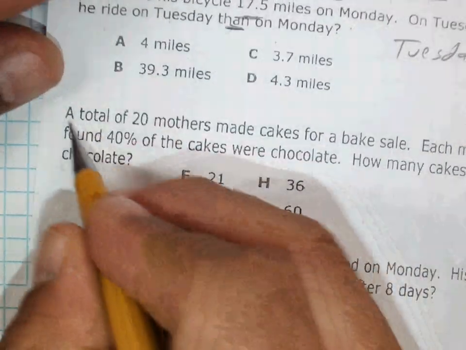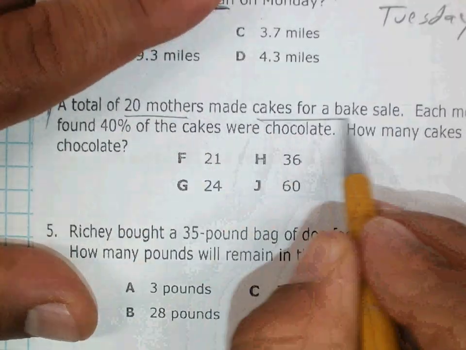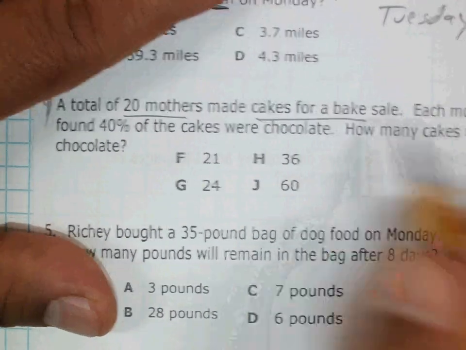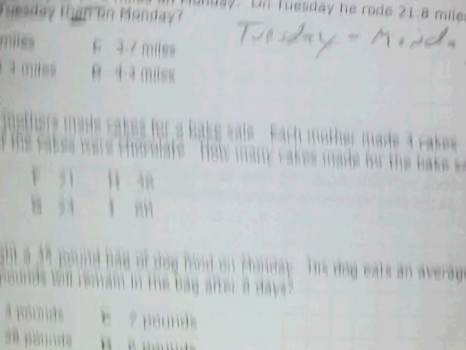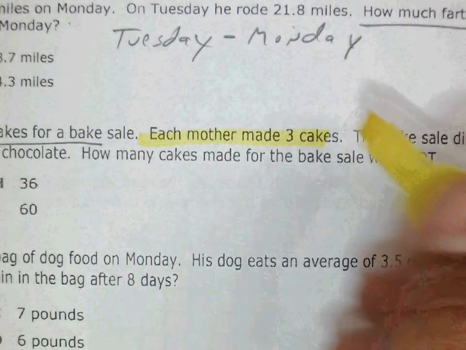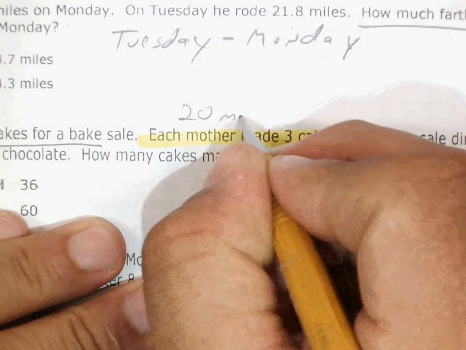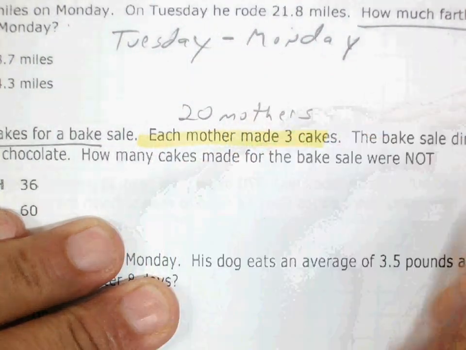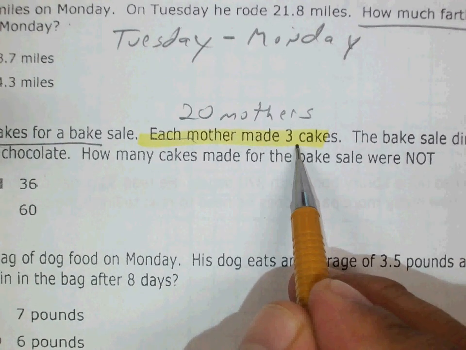Okay, number 4 there. A total of 20 mothers make cakes for a bake sale. Each mother made 3 cakes. Remember, there were 20 mothers. Each one made 3 cakes.